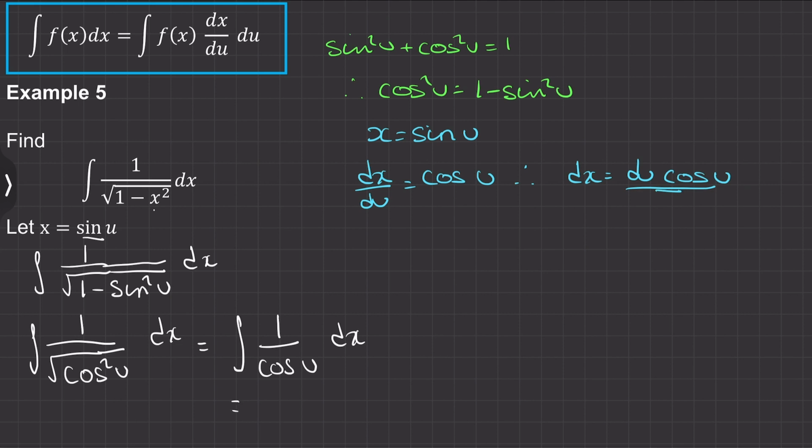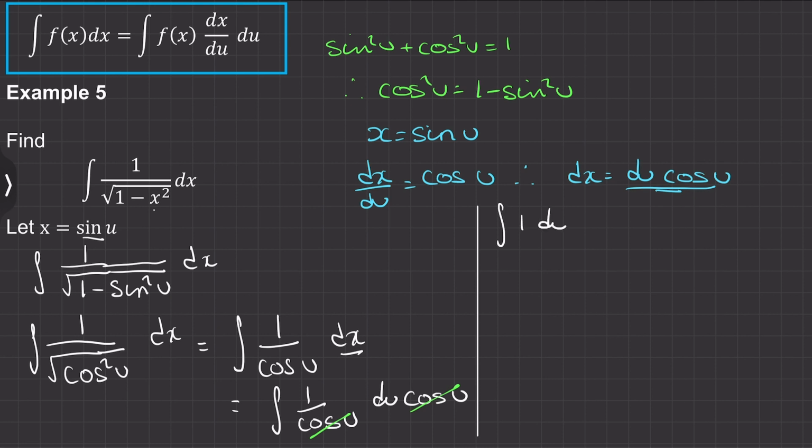So we have the integral of 1 over cos u dx, which is cos u du. And then these two will cancel. So our final integral becomes the integral of 1 du. And when you integrate 1 with respect to u, you just get u plus the constant term.